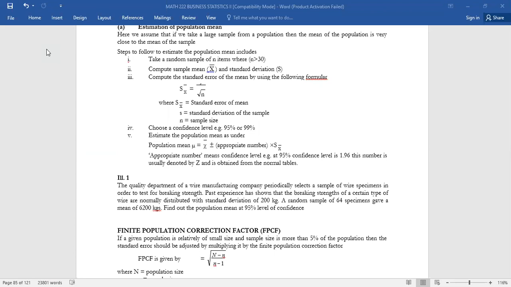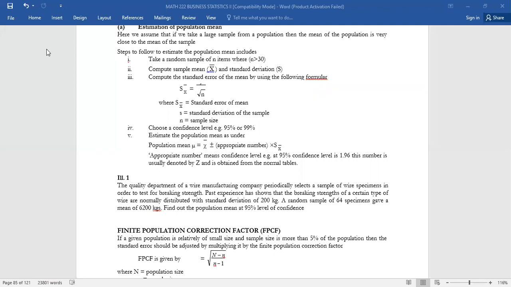Now, past experience has shown that the breaking strength of a certain type of wire is normally distributed with a standard deviation of 200 kgs. A random sample of 64 specimen gave a mean of 6,200 kgs. Find out the population mean at 95% level of confidence.